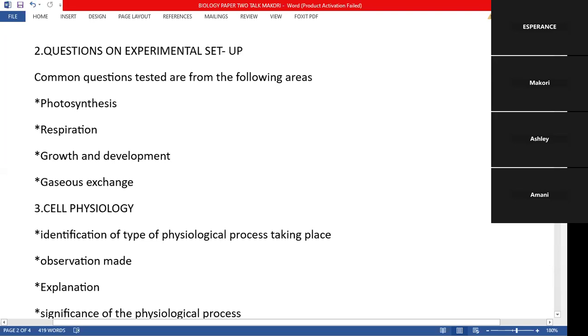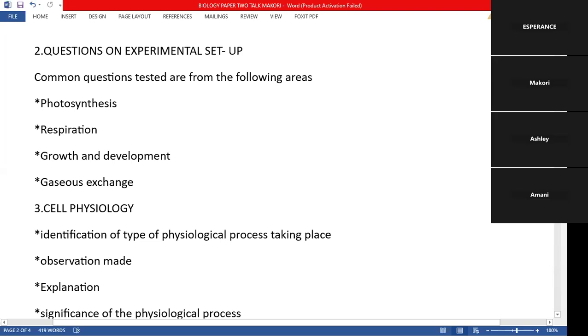But we do not indicate light just that way because we have different aspects of light. In case you cover the polythene or the leaf with an aluminum foil, in this case we say to investigate the effect of light intensity on the rate of photosynthesis.